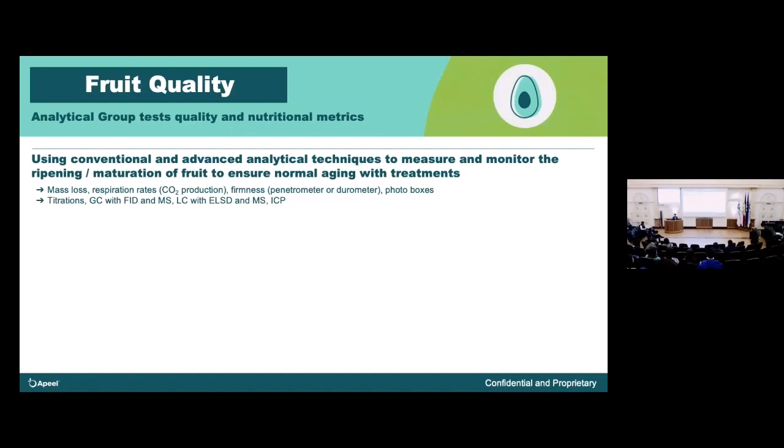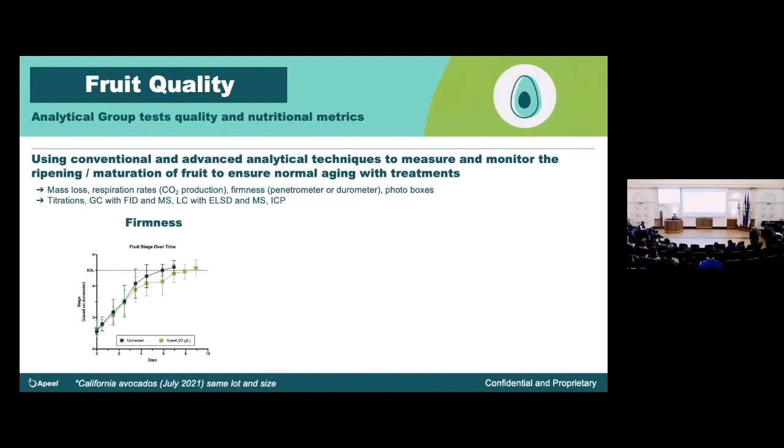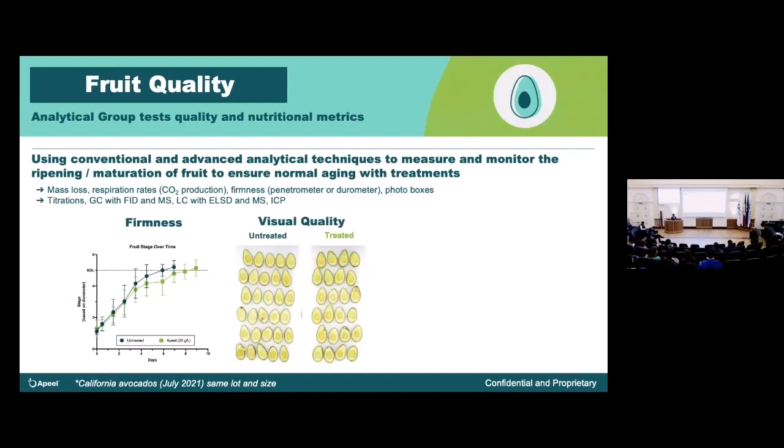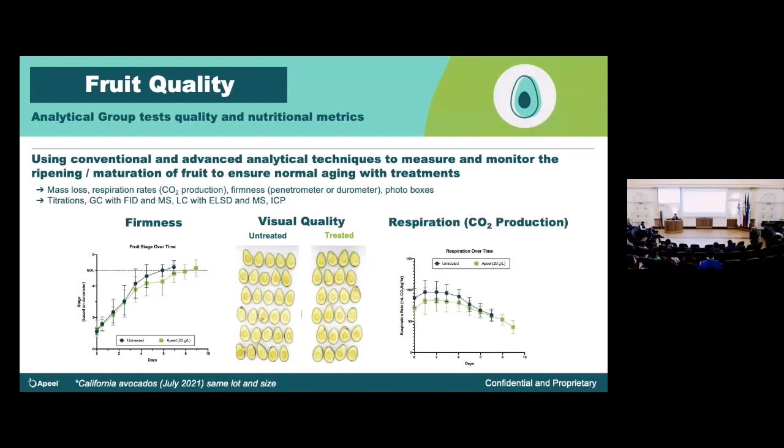And so we can use conventional means to measure different attributes, such as firmness. So we have this little tool that can measure how hard or soft your avocado is. We can use a lot of pictures to show either inside or outside quality. And we also use things like sensors to measure CO2 or respiration.